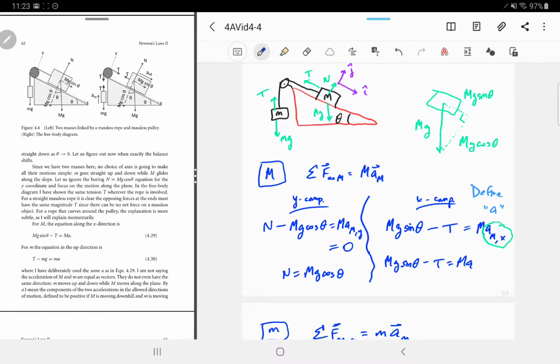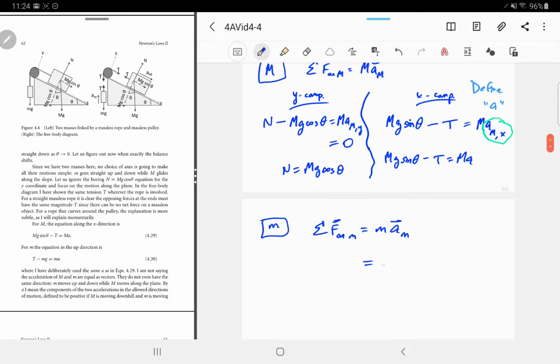So this is going to be the positive direction: vertically upwards is the positive direction. And the reason for that is on the right-hand side, we're just going to write ma. So notice this is a vector equation, but this is just the component along the interesting direction. This is the vertical component, taking the upward direction to be positive.